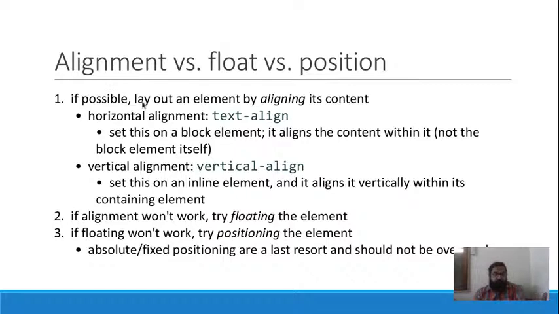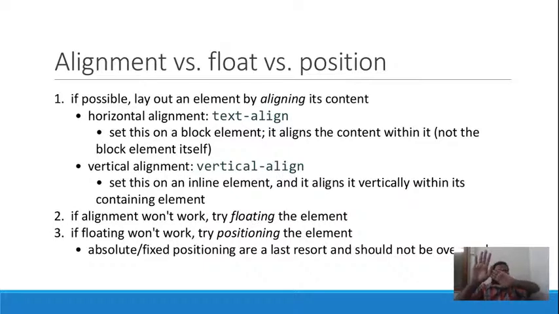So you have to align first. If the alignment doesn't work, then you have to try floating the element and take it away from the normal document flow. With alignment, it will still be in the normal document flow. When you float it, you will be able to place it slightly better. Think of this hand as one element and this hand as another element.